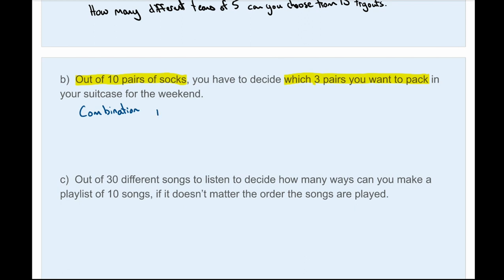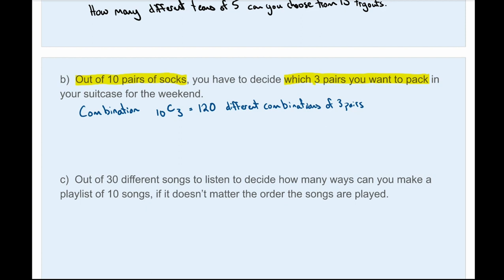So in this case, we have 10C3, which works out to 120 different combinations of 3 pairs. So I'd have 120 different combinations of socks that I could pack for the weekend.